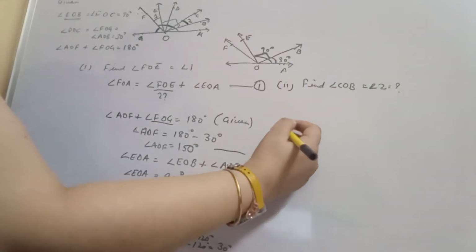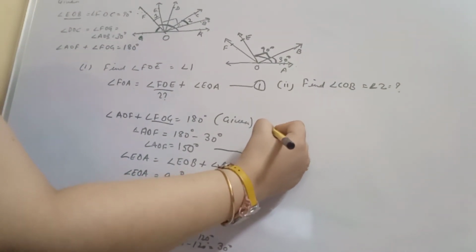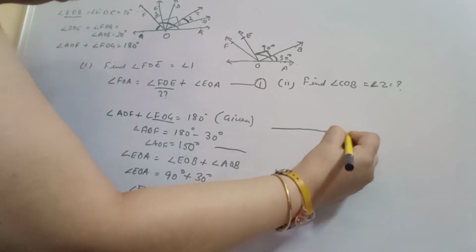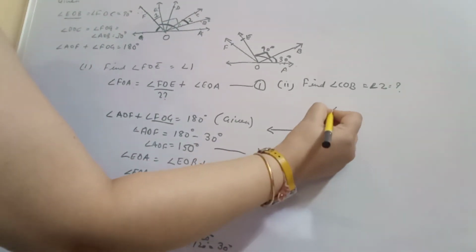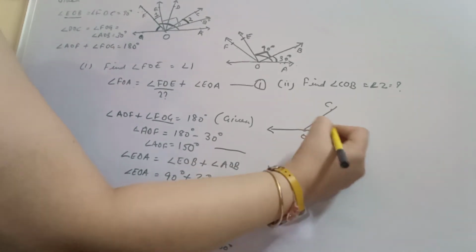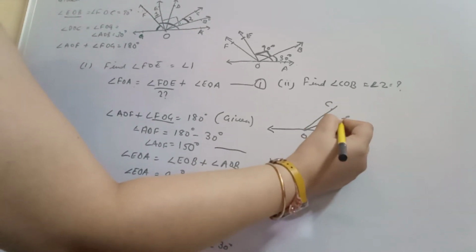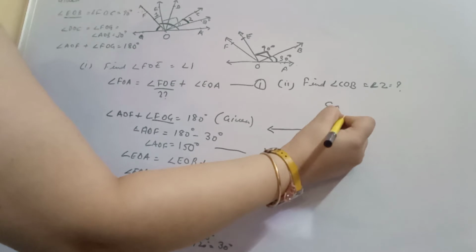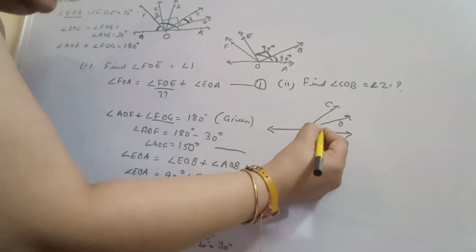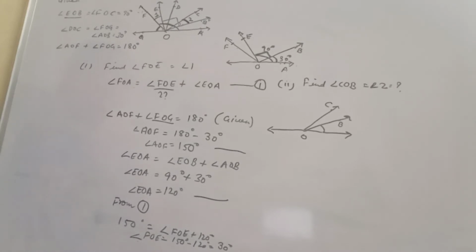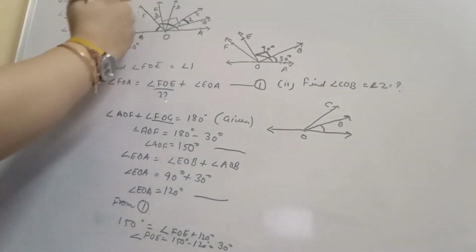So how will you recognize now? Let's draw the figure. I have CO and B. This angle I have to find. AOB I know. Now I will go towards the left side.